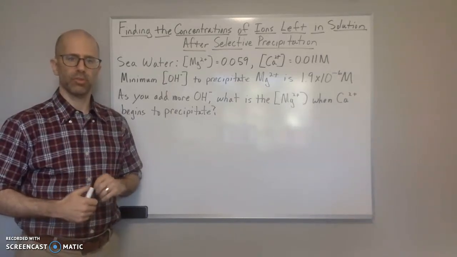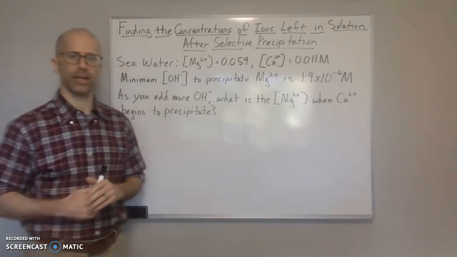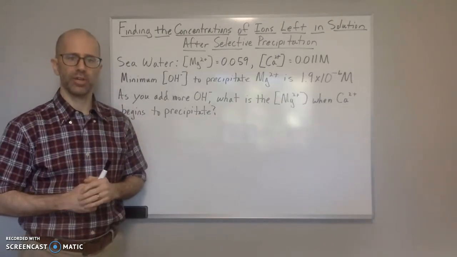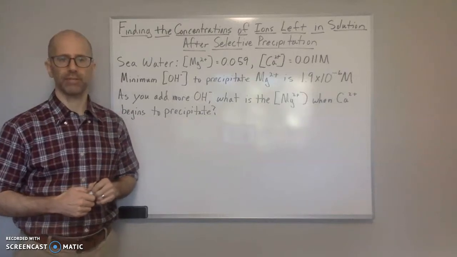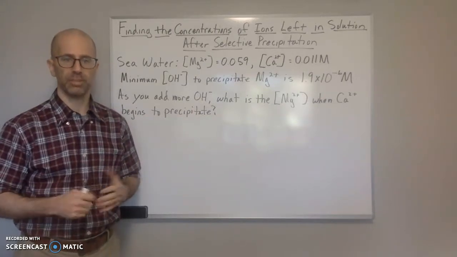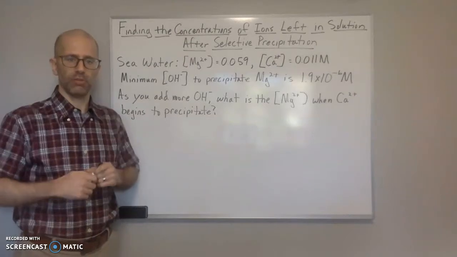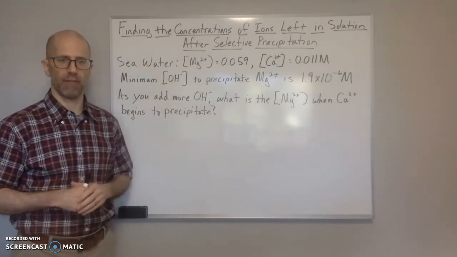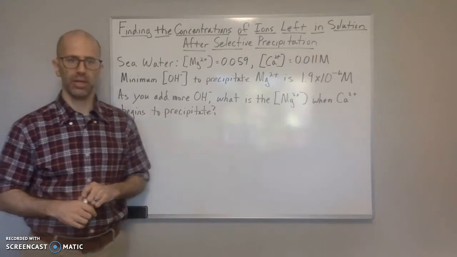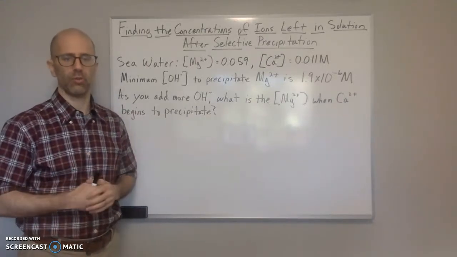My name is Mr. Cobalt, and in this video I'm going to show you how you can find the concentration of the ion that is left after you have selectively precipitated that ion out. In the previous video we were dealing with this example of seawater having magnesium and calcium, and we were given a certain amount of magnesium and calcium in the seawater.